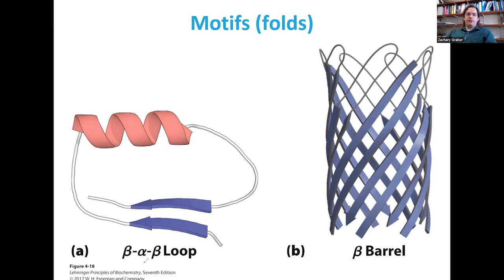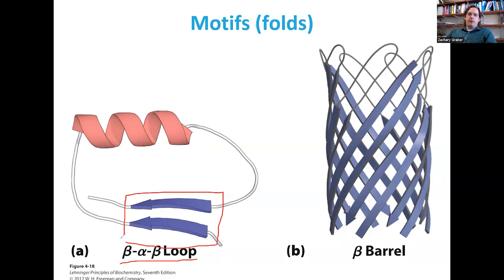A number of our motifs will involve both beta sheets and alpha helices. Our beta alpha beta loop is an example of a motif that combines our beta strand together with an alpha helix into this characteristic loop structure. Here we have a parallel beta sheet.